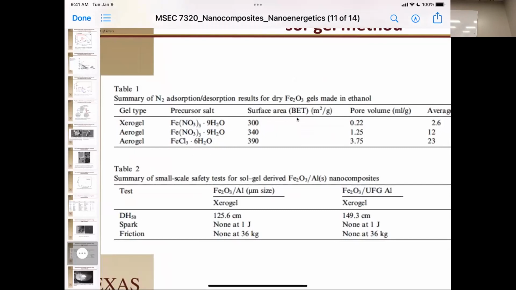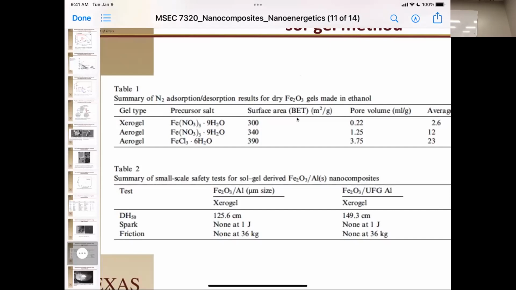So they had their aluminum suspended in it, and they got good surface areas right here. This is by BET, which measures surface area by absorption of nitrogen. And really for aerogels, you can go all the way up to around 1,600 square meters per gram. They can get very high. Pore volumes are okay, and their average pore sizes are pretty small. Those are in nanometers, so their pore sizes are small.